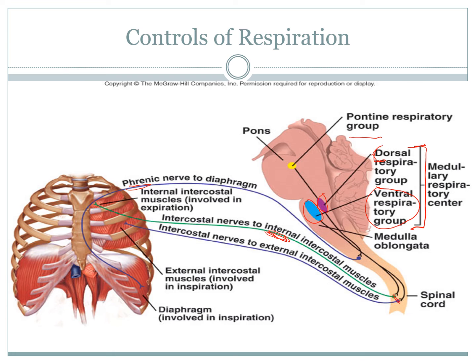So for inspiration, we get our sternocleidomastoids, our pectoral minors will kick in in order to increase capacity. And during expiration, we have our internal intercostal muscles and our abdominal muscles that will physically cause pushing on the thoracic cavity to increase that. Now that's controlled by the dorsal respiratory group, and that's mediated by chemoreceptors.